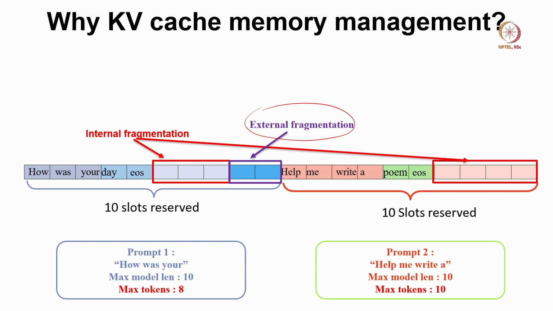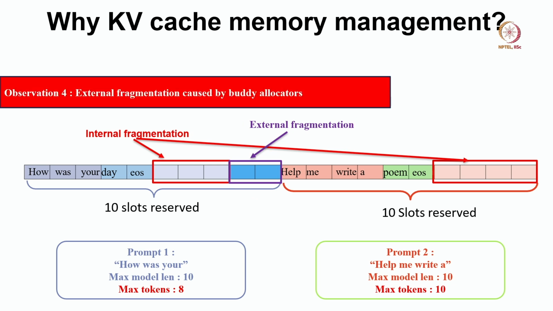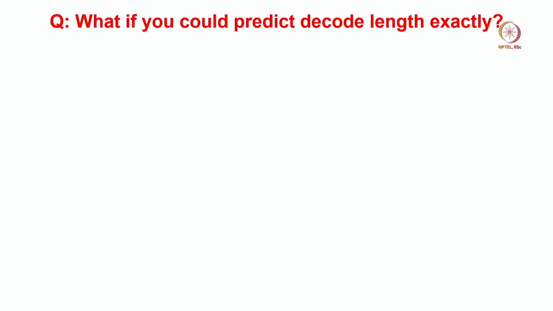So due to the fact that allocation happens in powers of 2, some amount of memory gets wasted; some memory is not getting allocated at all. That is called external fragmentation. In this case, these 2 slots were not allocated due to external fragmentation. So that's the fourth observation: external fragmentation is caused by these buddy allocators.